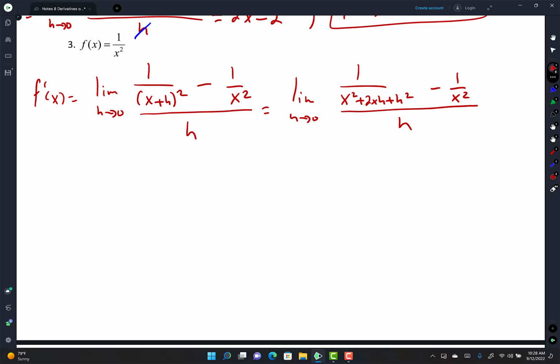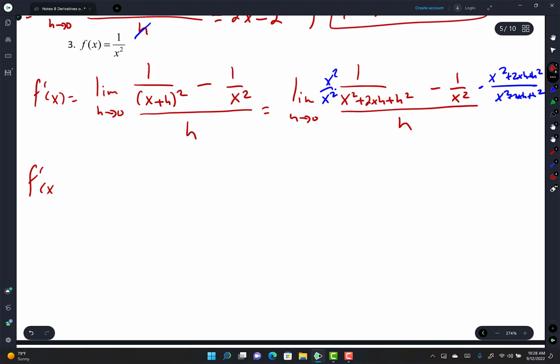I guess you don't have to expand the denominator, but when you multiply by the numerator, you eventually have to expand it so you can cancel stuff out. Multiply this by x squared plus 2xh plus h squared over x squared plus 2xh plus h squared, and multiply the left one by x squared over x squared.